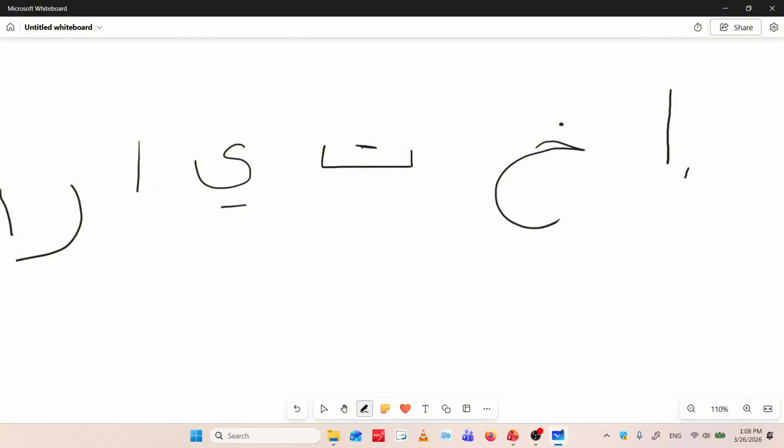So, alif is a one-way connector. Kha is a two-way connector. Ta is a two-way connector. Ya is a two-way connector. Same thing with the alif, it's a one-way connector. Then we have the ra, a one-way connector. So we're going to write the alif. Then we're going to write the kha like it's the initial kha, just because the alif is a one-way connector, so it won't be connected.